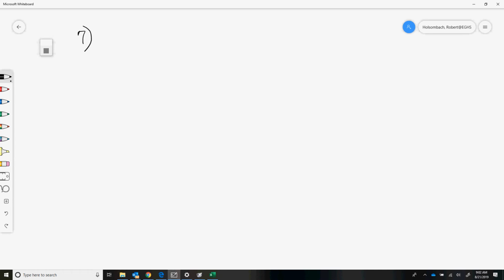Number 7 is just like number 4. It says K is the midpoint of JL. So here's JL. K is the midpoint, and midpoint means middle. So we get a tick mark here and here, which means those segments are equal to each other.